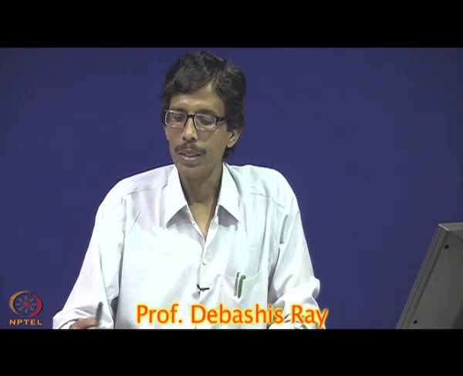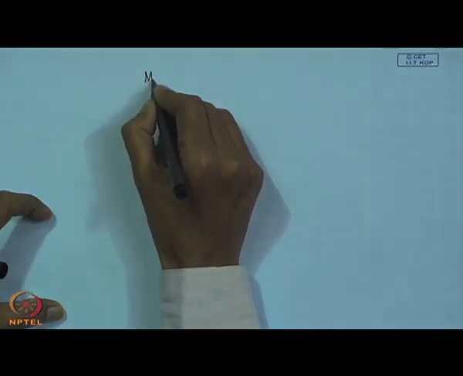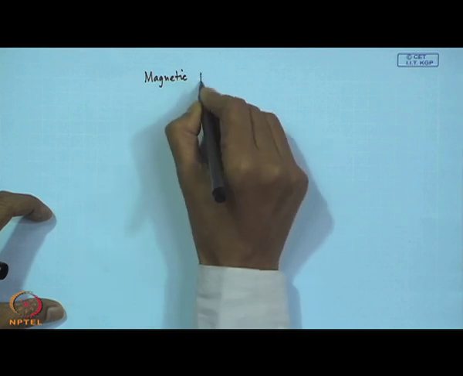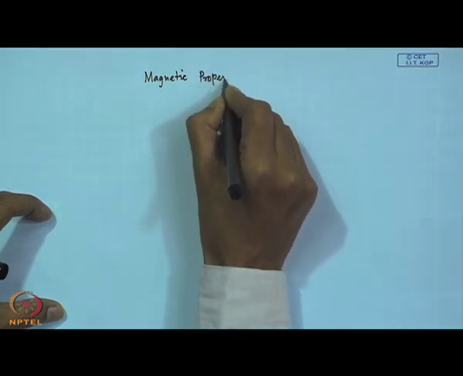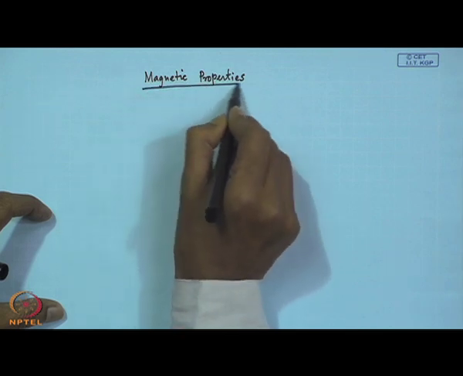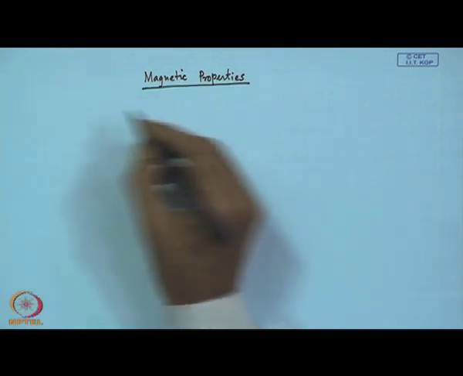Good evening, everybody. Today we will see, after the brief introduction about magnetochemistry, how the magnetic properties can help the corresponding course in chemistry when we try to find the magnetic properties of several metal complexes.